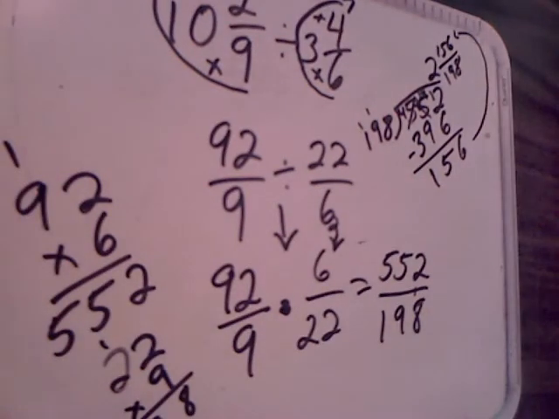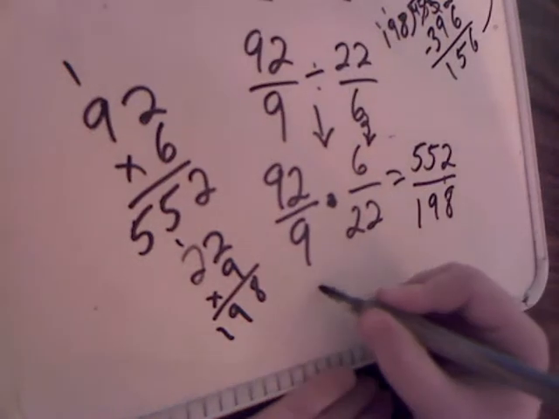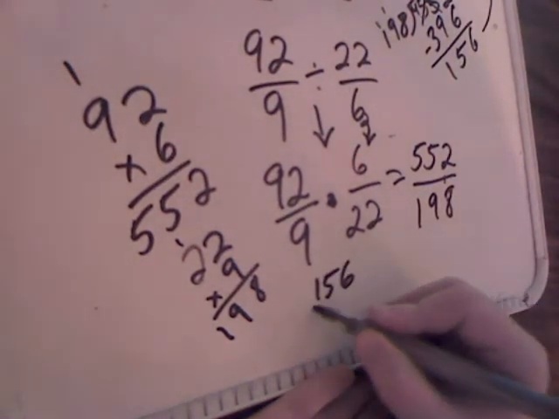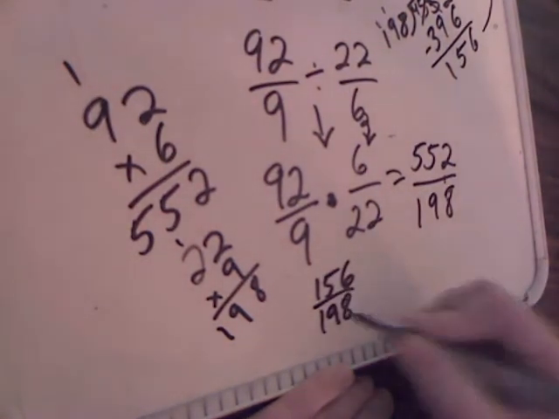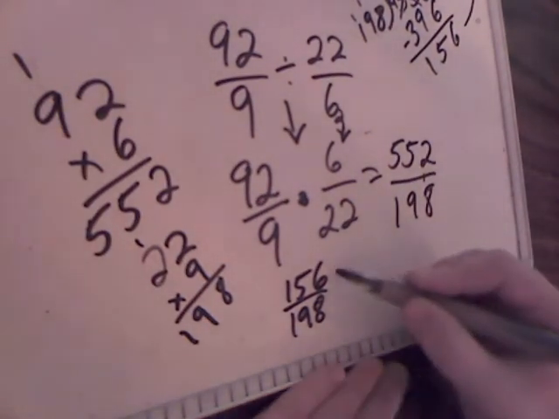You will notice that 156 over 198 can actually still be reduced. So let's take a look and see what we can reduce that as. Let's take the small route this time. More steps, but easier to do.